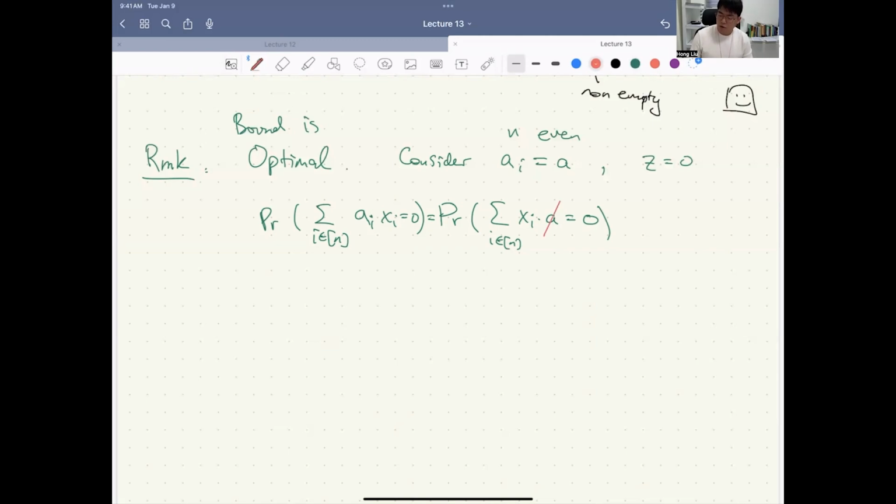This is just the sum of the random plus or minus 1 equal to 0. This is exactly when half of them are +1 and half are -1. That happens with probability exactly n choose n over 2, over 2 to the n choices of plus or minus 1s. Good.